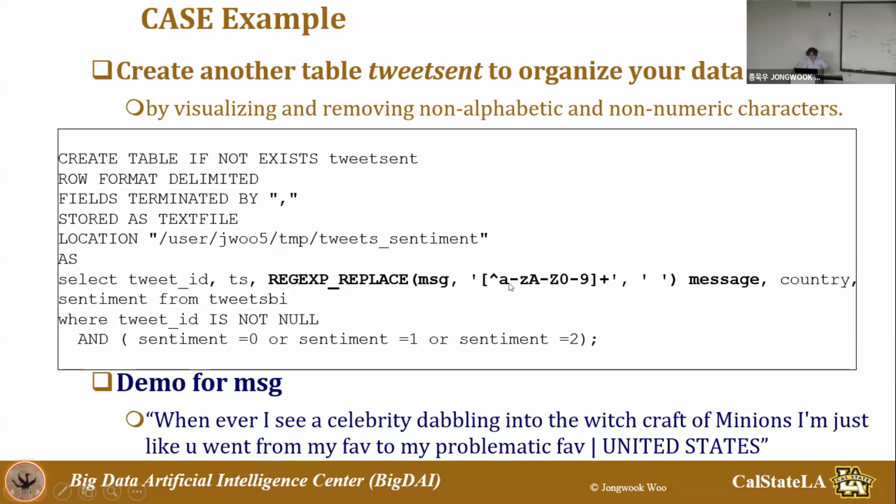Do you remember what this is? Can you tell what is a-z and capital A-Z and 0-9? All characters? No, actually alphanumeric characters. So a-z, capital A-Z, 0-9. So it's like alphanumeric characters. And then what is this caret? Not. So non-alphanumeric characters. And what is plus?